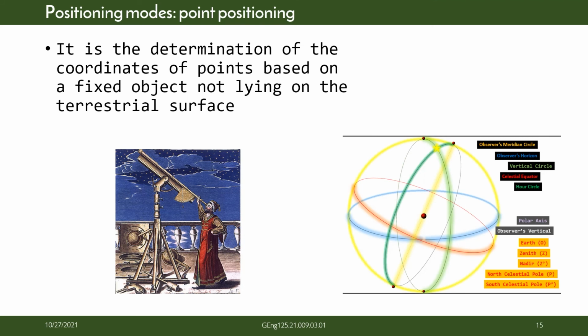Before, we have this point positioning. It is the determination of the coordinates of points based on a fixed object not lying on the terrestrial surface. Before, with this kind of positioning, we used the stars or heavenly bodies as our reference.